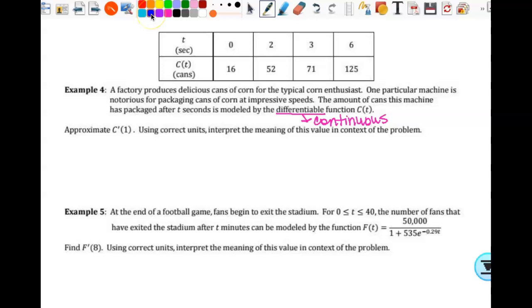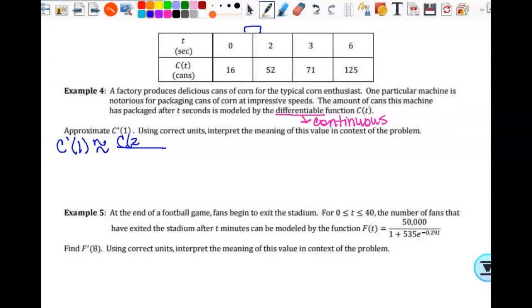Okay, so we need to find c prime of 1. So I think the interval from 0 to 2 would make the most sense, yes? So c prime of 1 is approximately, so squiggly equal signs, we're going to do c of 2 minus c of 0 over 2 minus 0.